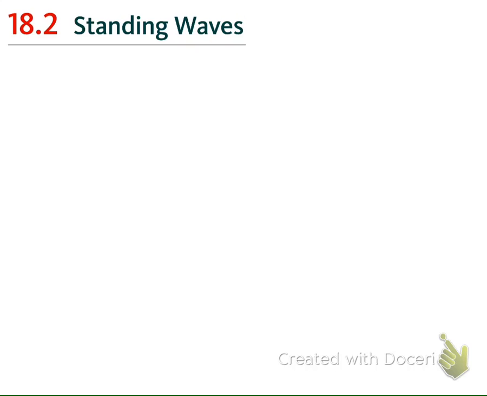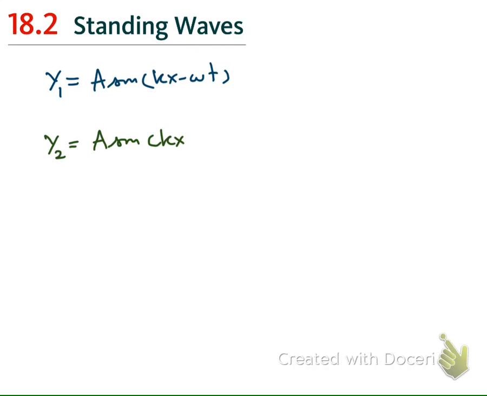So if we write down the wave functions of the two waves, wave number 1, y1 is equal to a sine kx minus omega t, and the second one is a wave that moves in the opposite direction, so we can write it as y2 equal to a sine kx plus omega t.